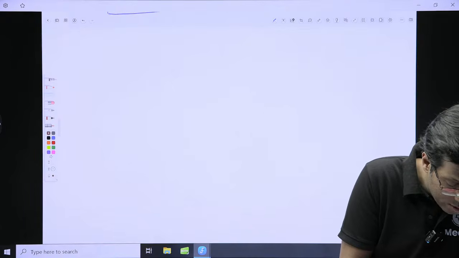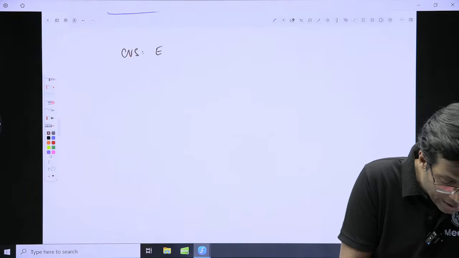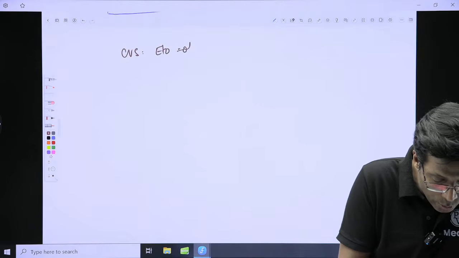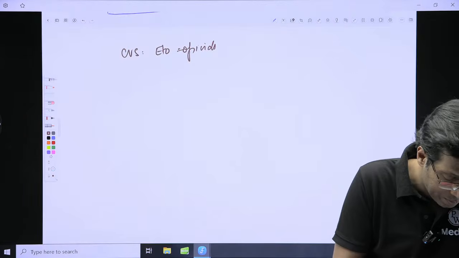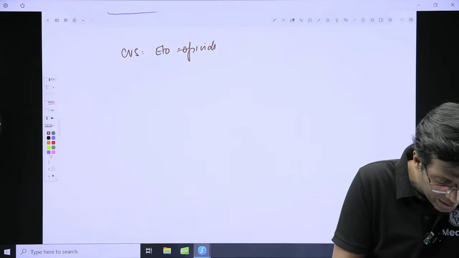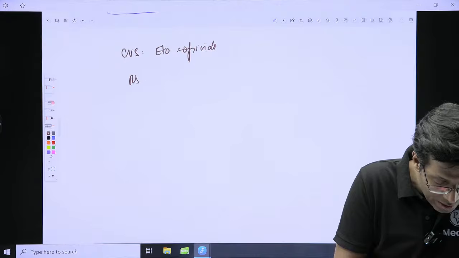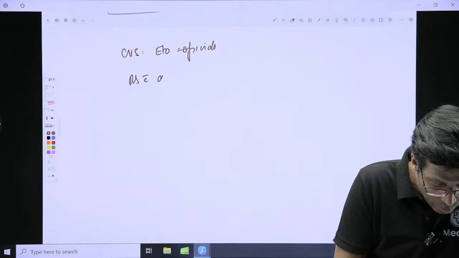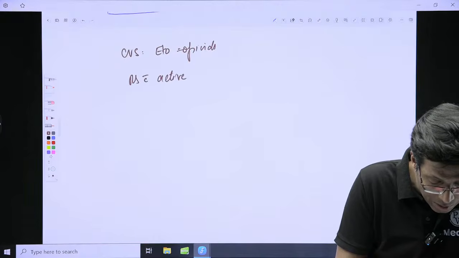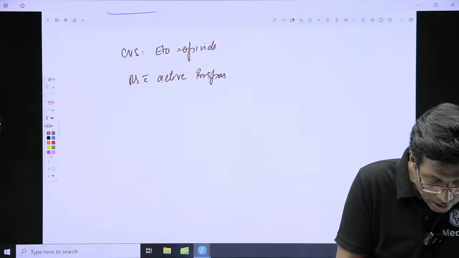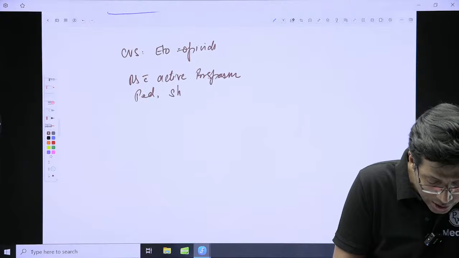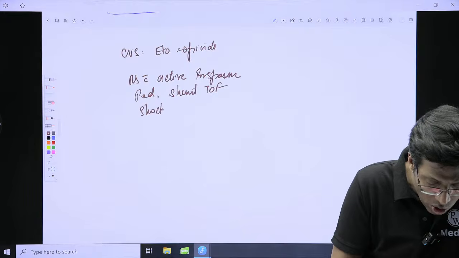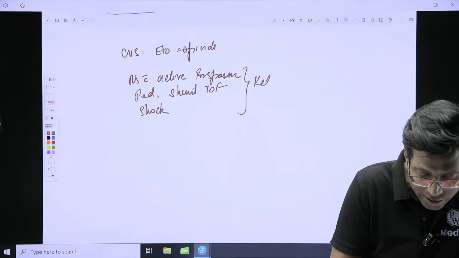So for CVS, I'm going to use etomidate. All of you agree with me, and opioids are a good choice. For ketamine, if you have a respiratory patient who has active bronchospasm, who has asthma, or a pediatric patient, or a patient of shunt, tetralogy of Fallot, a patient in shock whose BP is low, in all these places I can use ketamine.